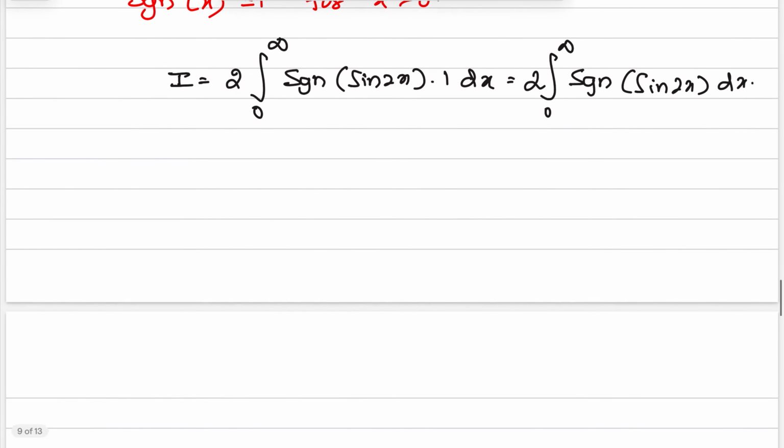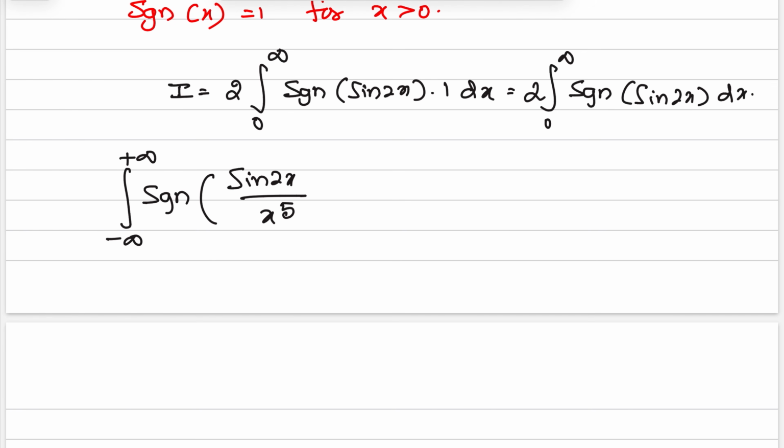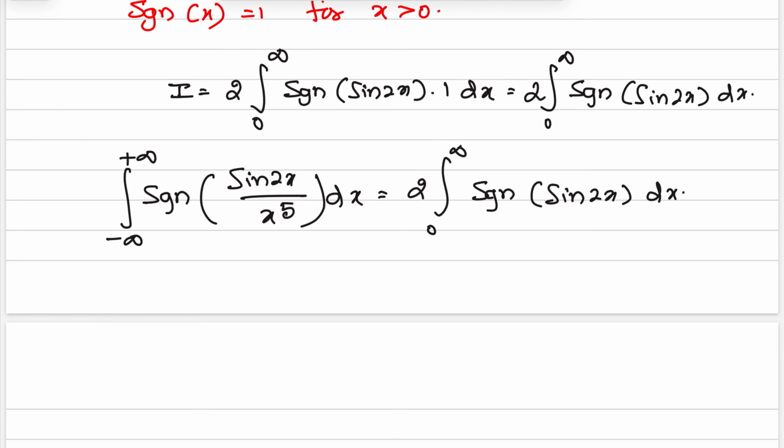You just see, ultimately the big equation has come into this simplified equation. Now the integral from minus infinity to plus infinity of signum sin 2x by x to the power of 5 dx is equal to 2 into the integral from 0 to infinity of signum sin 2x dx.